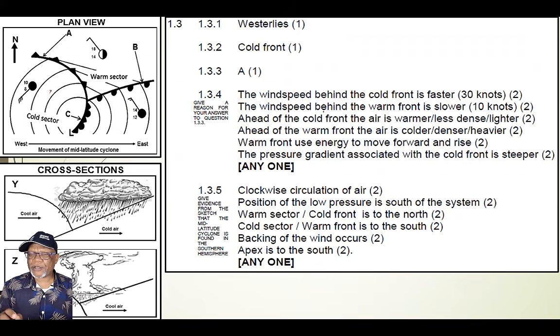The wind speed behind the warm front is slower, and ahead of the front, the warm air is less dense, lighter. Ahead of the warm front, the air is colder and denser. Warm front uses energy to move forward and rise. The pressure gradient associated with the cold front is steeper.